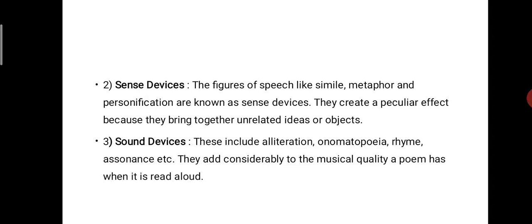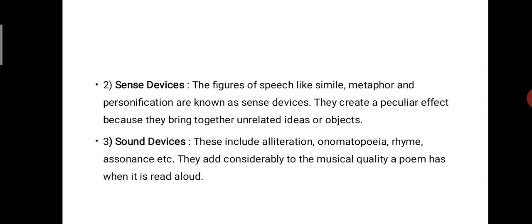If we see the figures of speech like simile and metonymy: in metonymy, the literal term for one thing is applied to another with which it has become closely associated because of recurrent relation in common experience.